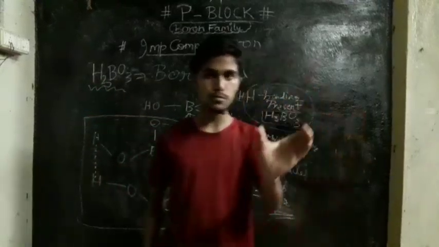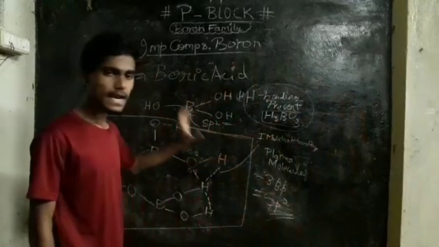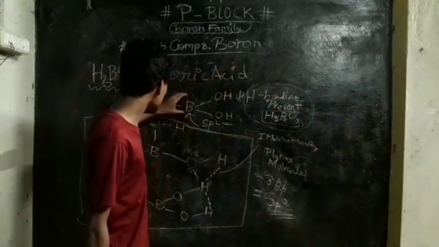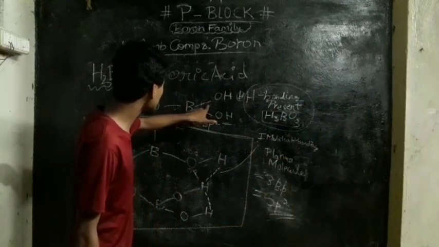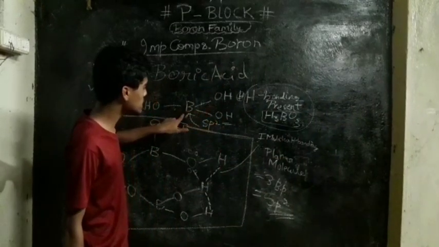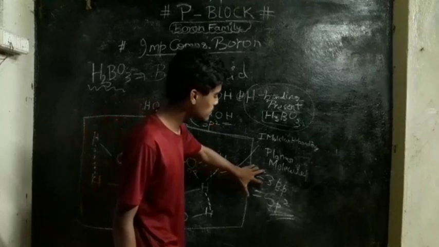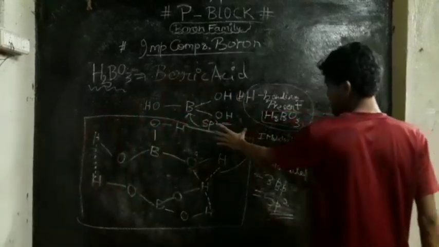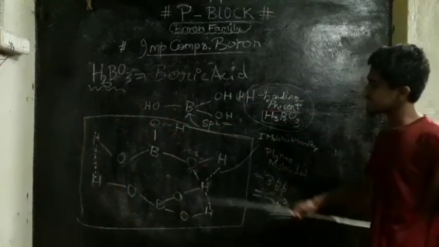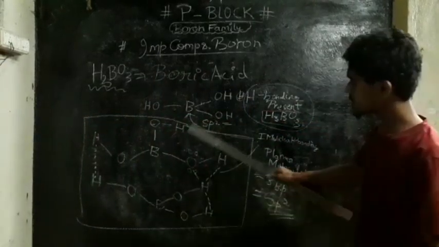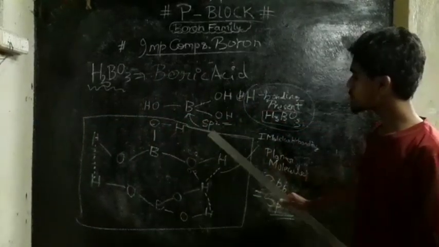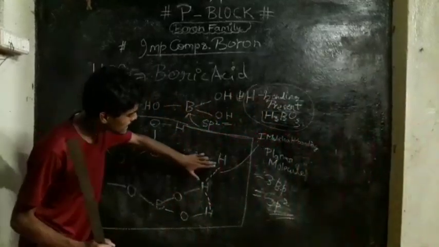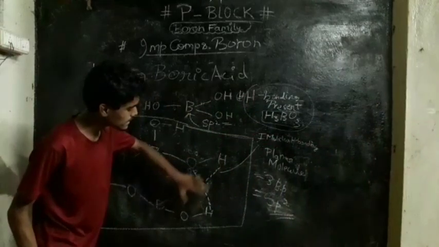We see the lone pairs and bond pairs, add them both, and we get the steric number. The steric number of boron is, we can see that there are only 3 bond pairs, so the steric number is 3. So the hybridization is sp2. In this structure, we can see that it is a planar molecule. Why is it planar? Because it has hydrogen bonding between the molecules.